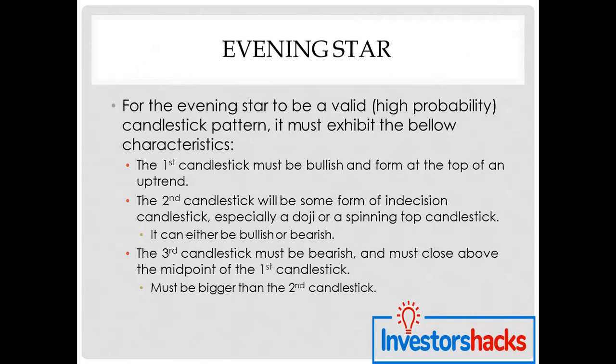And the evening star, the morning star, the doji, especially the gravestone and the dragonfly doji, are very powerful candlestick patterns that you can use to show reversal, as well as the bullish engulfing and the bearish engulfing, especially when they form at the bottom of a trend or at the top of a trend. You can identify when the market is about to reverse.